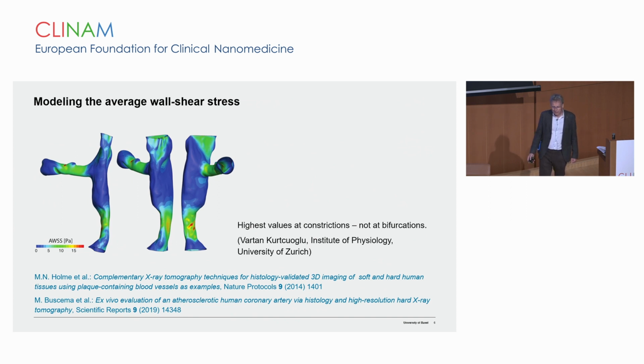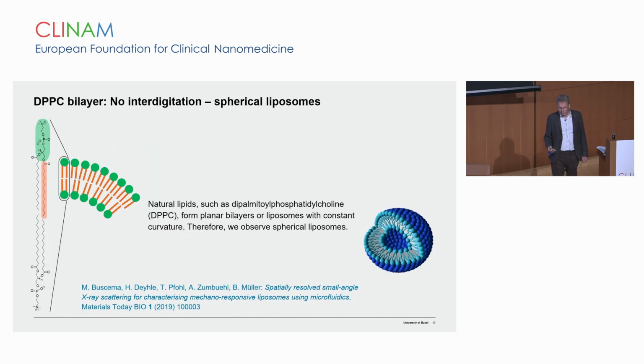Vartan is a specialist in flow simulation, and what he was able to demonstrate is that we have a higher average wall shear stress at the constrictions, and that is not present at the bifurcations, as many reviewers have pointed out. Later on, Marzia, also a PhD student in my team from Italy, continued that research, and we were able to go into even more detail than the early experiments by Maggie.